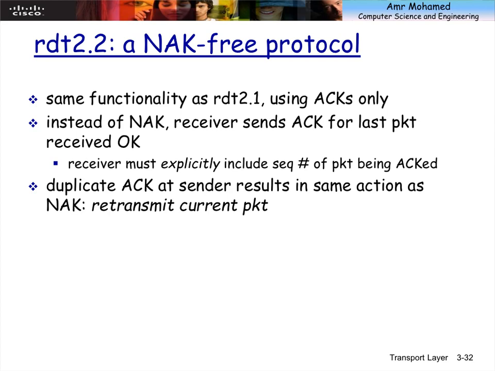We only send positive acknowledgement with a sequence number, which means that I'm sending acknowledgement for the last packet that I received correctly. I'm sending acknowledgement for whatever I have received correctly. This means that I'm implicitly sending a negative acknowledgement for anything that you are sending to me that I'm not expecting.